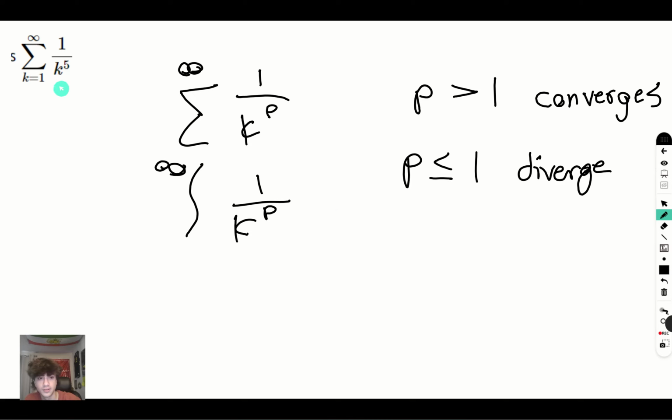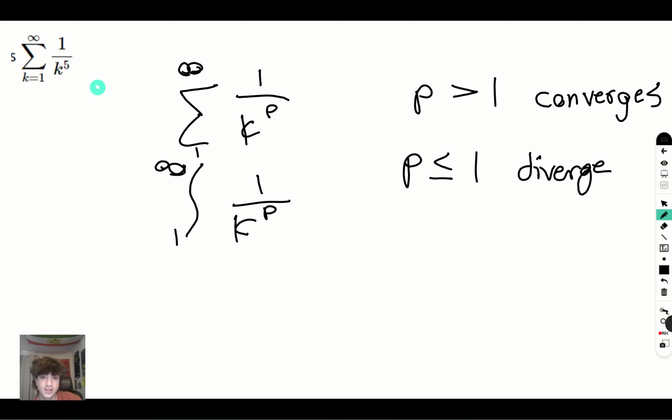So here we have k going from 1 to infinity, and p is remaining a constant value. P is not changing. If p is greater than 1, then the series converges. If p is less than or equal to 1, then the series is going to diverge.